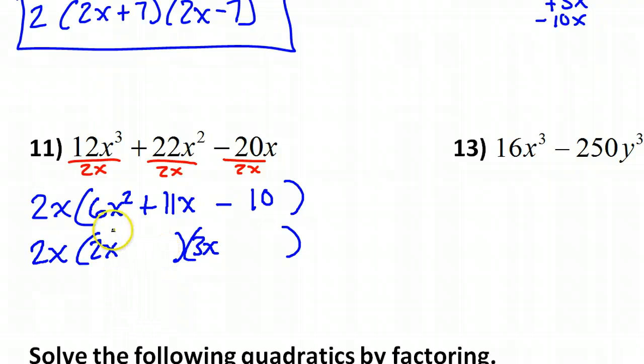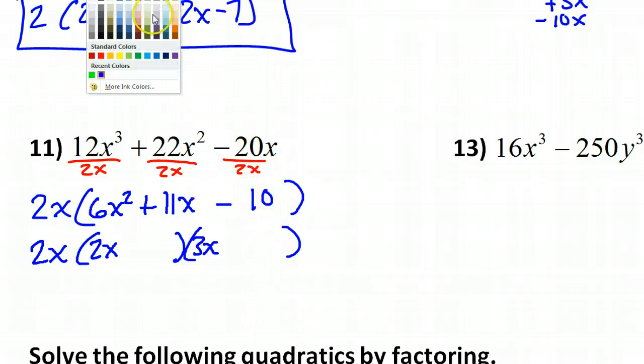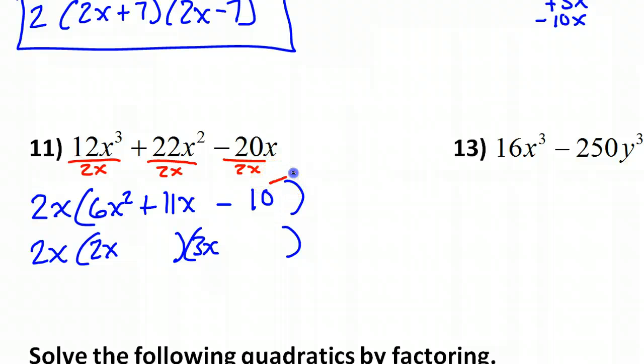Now 10 is either going to be 2 times 5 or 1 times 10, and just like this could either be 2 times 3 or 1 times 6. So I'm trying 2 times 3, now I'm going to try 2 times 5.